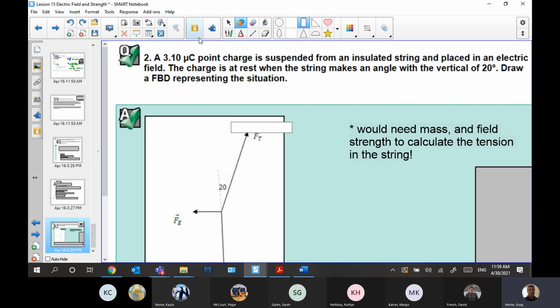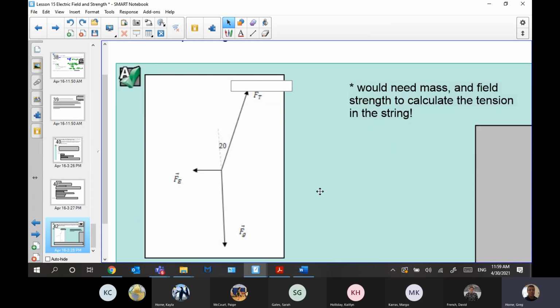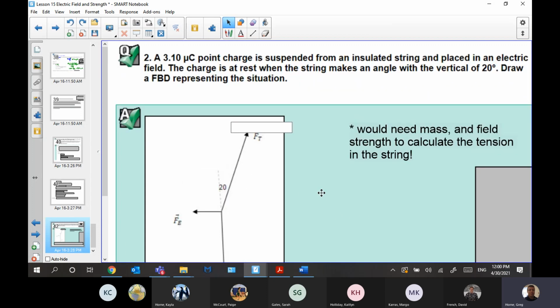They don't actually ask much in this question. If they did ask for like the tension in the string, you'd need to know the mass and the field strength and the charge and so on, right? But they did tell us that this is a 3.1 microcoulomb charge there, but they didn't tell us anything else. So they just actually asked what the charge is at rest. Oh, they just wanted to draw a free body diagram, I guess, right?